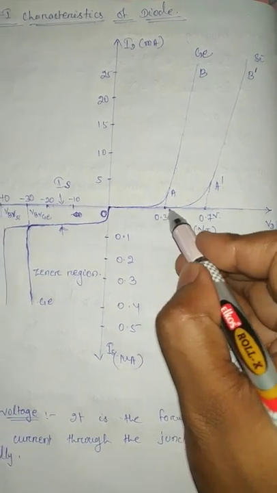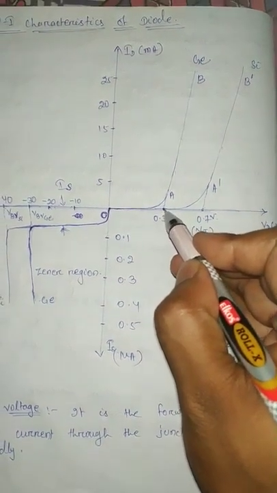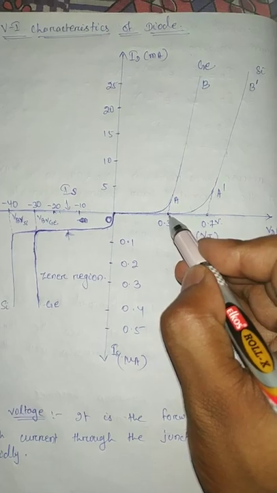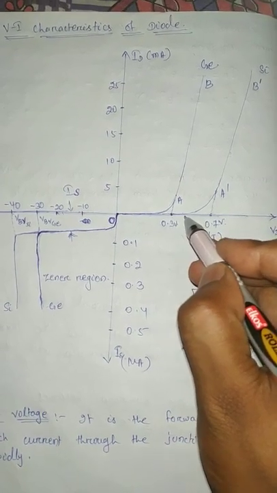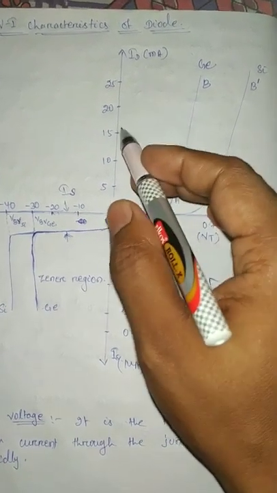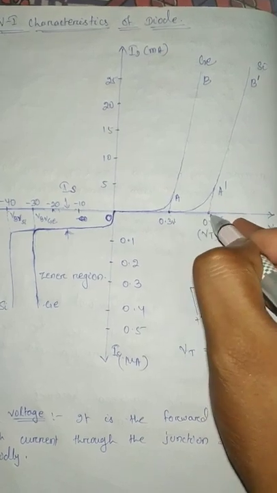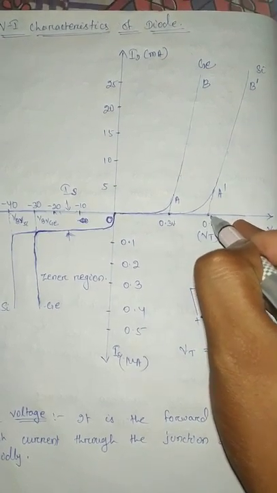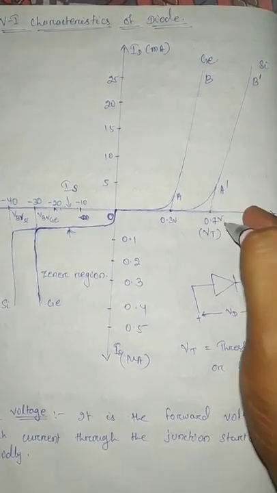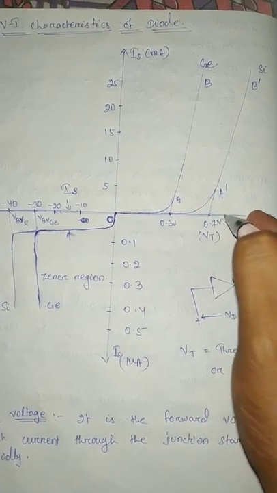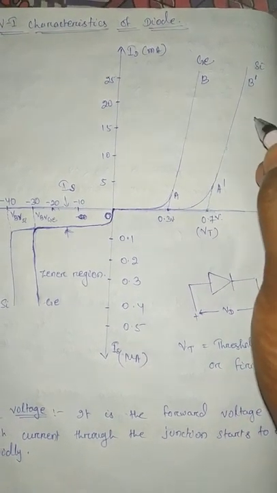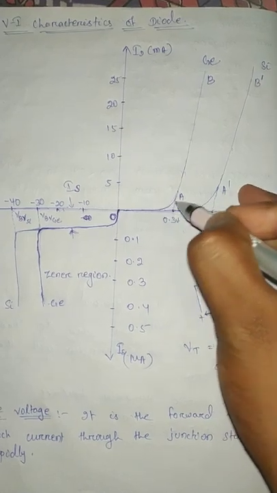That means beyond that barrier potential, if you increase the forward voltage by a very small amount, there is a large increase in the current.